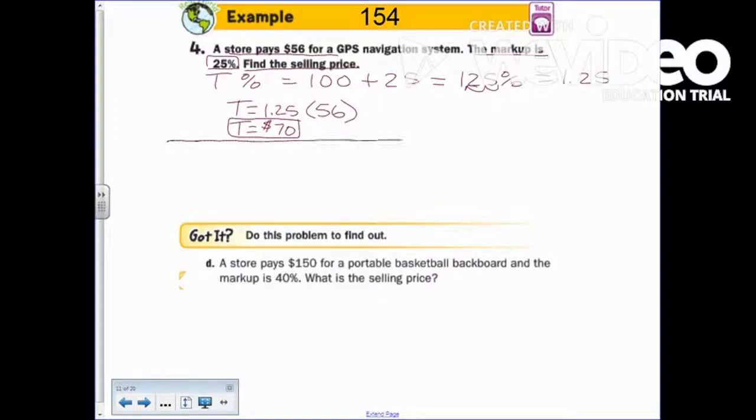How would that look as a proportion? We would want total cost over the $56 that the store paid. You would add your percentages, 100 plus 25, which is 125, which you would write over 100. You cross multiply. 100t is equal to 56 times 125.